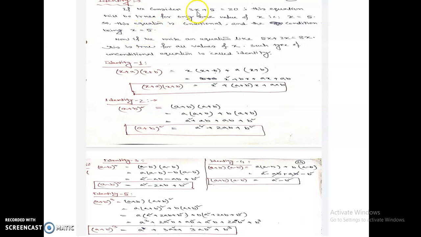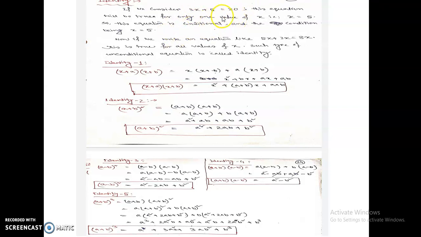If you put x equals 5, then 3 into 5 is 15, 15 plus 5 is 20, and on the right side 20 is there. So the left side and right side become equal. This equation 3x plus 5 equals 20 is satisfied for only one value of x, that is x equals 5.